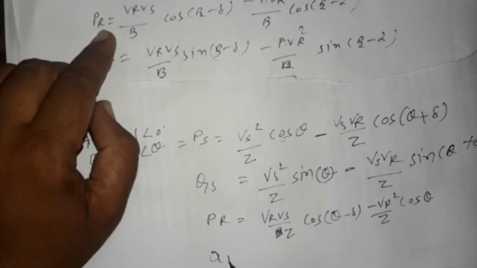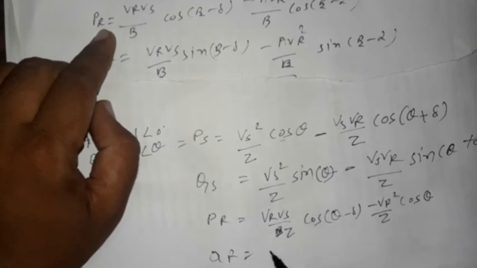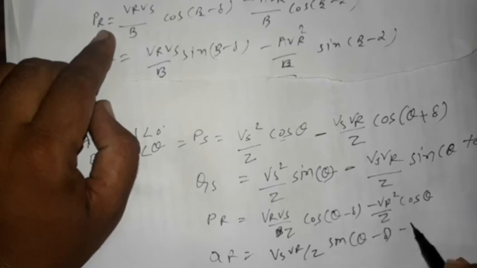Same as it is, QR is equal to Vs into Vr by Z sin theta minus delta, minus Vr square by Z sin theta.